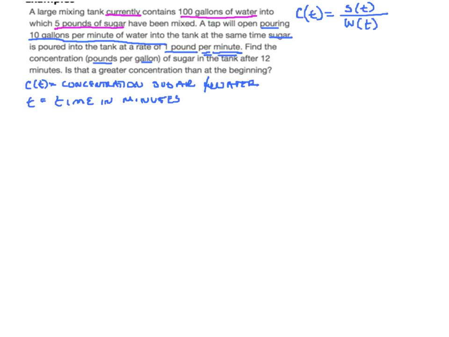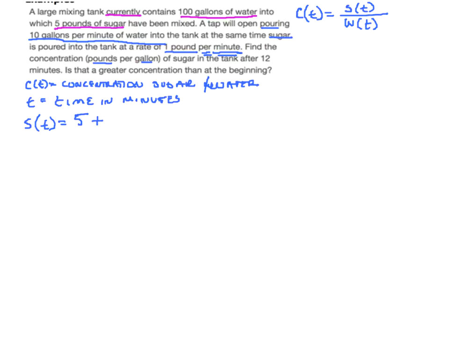So that's what I'm going to try to write. So what I need to do is figure out, how do I write my amount of sugar as a linear function? How do I write my amount of water as a linear function? And then I just have to divide those two to come up with the function that shows the concentration.